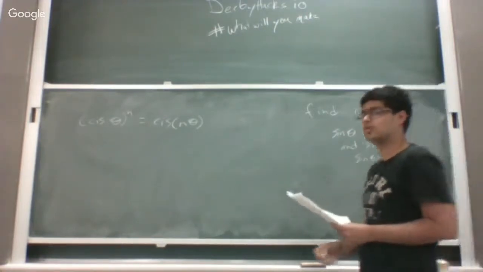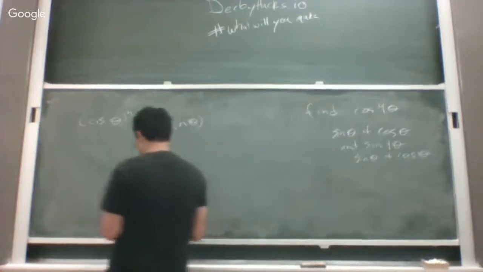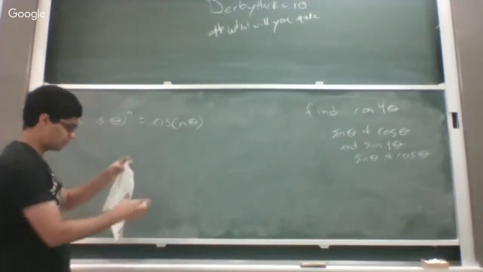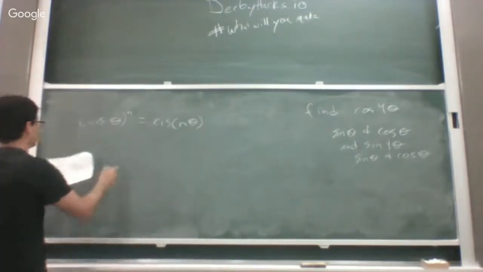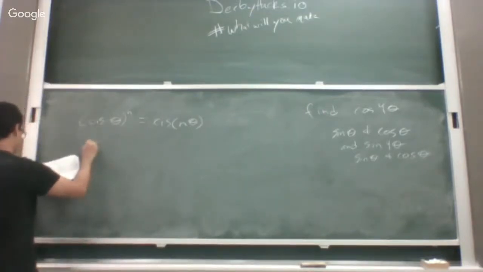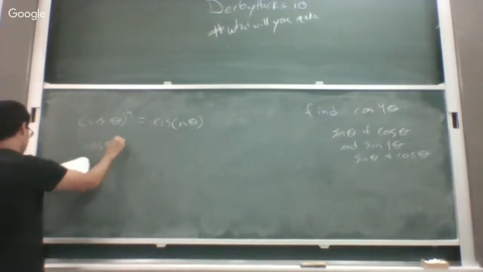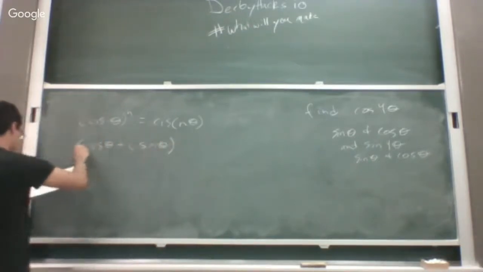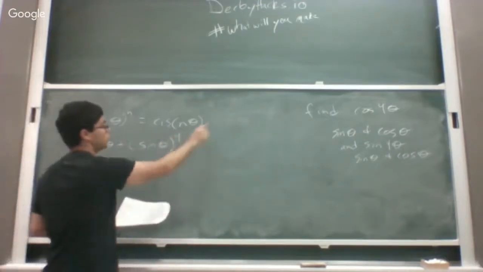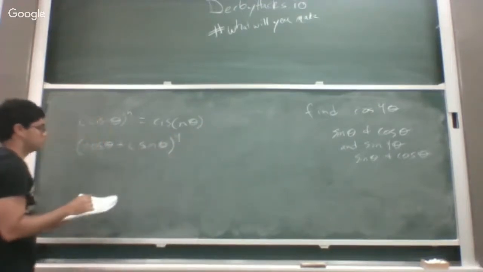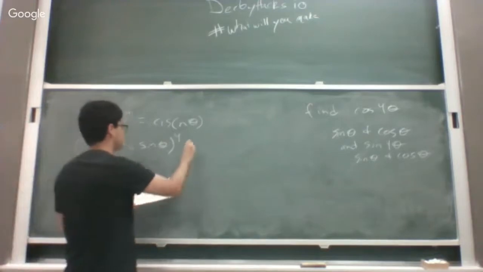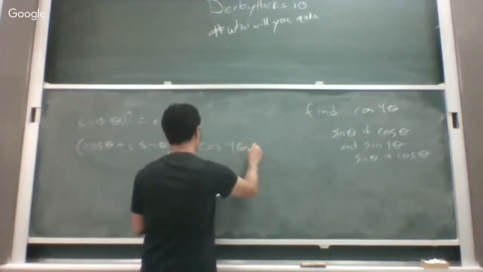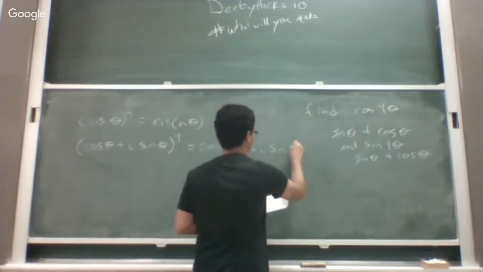Okay? So that's what they give you. What you do need to know is that this is equal to cosine of theta plus i sine of theta to the 4th power, because our n is equal to 4. And then this is equal to cosine of 4 theta plus i sine of 4 theta.